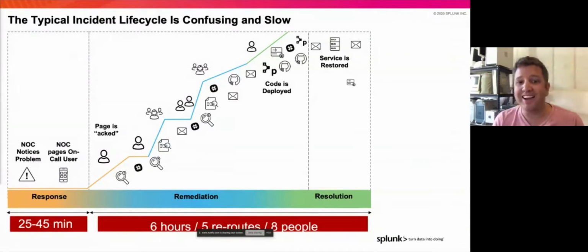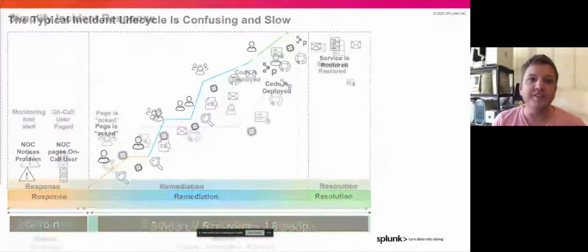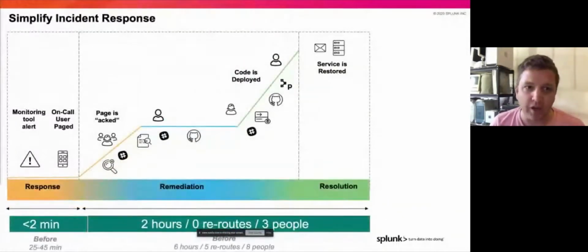Your job's not done until the service is restored. And sometimes that takes a long time, depending on what actually went down. The good thing about modern architecture is it can be much faster. When organizations embrace the SRE model, we see this curve flattened.